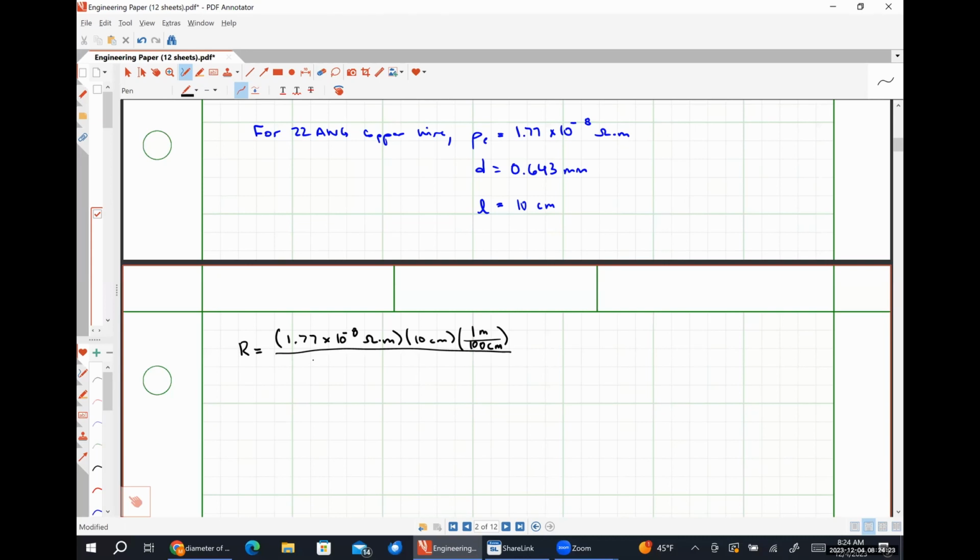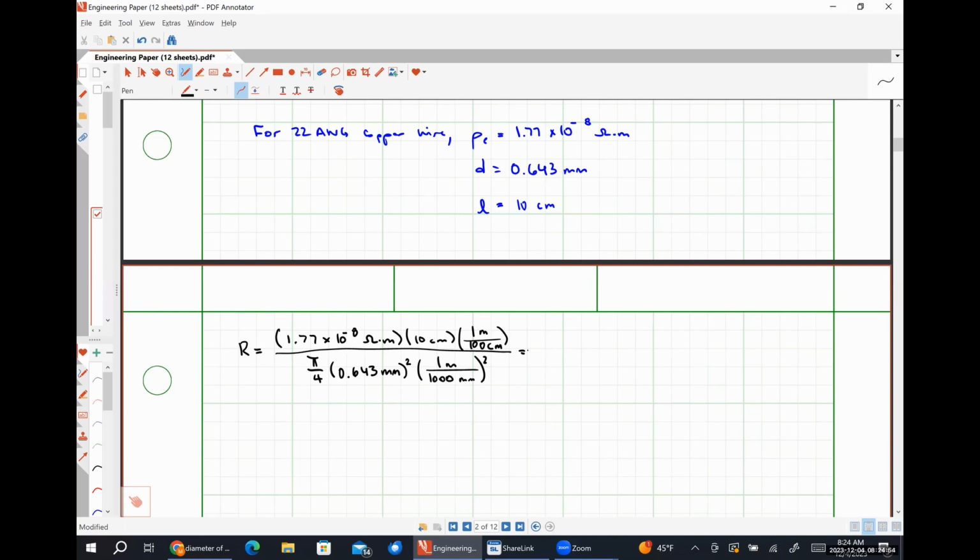Pi over 4 times 0.643 millimeters quantity squared times 1 meter is 1,000 millimeters squared. Got all of them right this time? Thank you. Let's throw this into our calculators.